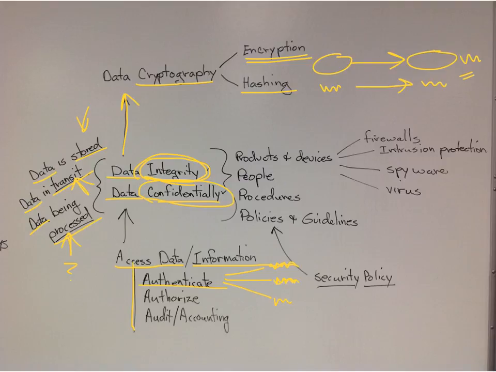Something we know, a password, a user ID, a PIN, and so one or a combination of those, we can authenticate who we are. Once we authenticate, the computer system can authorize what we can do, and the computer can keep track of what we did. Pretty basic things in security.